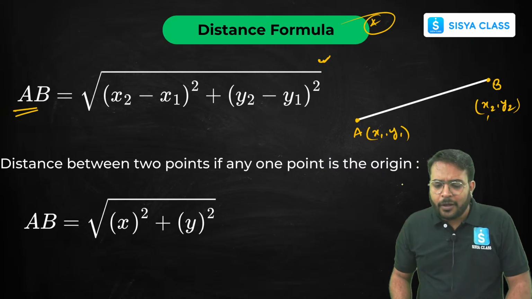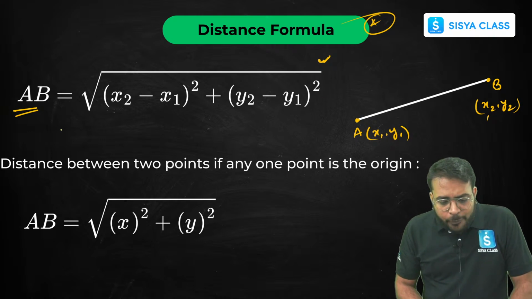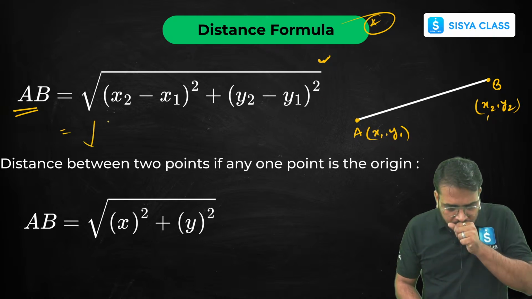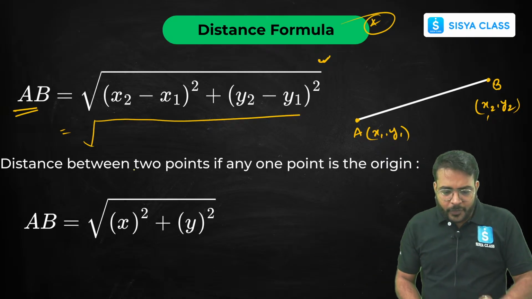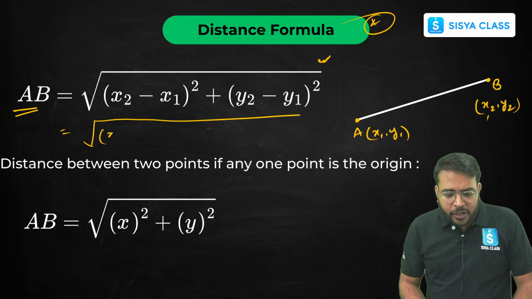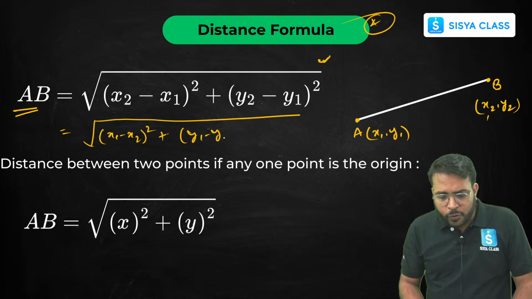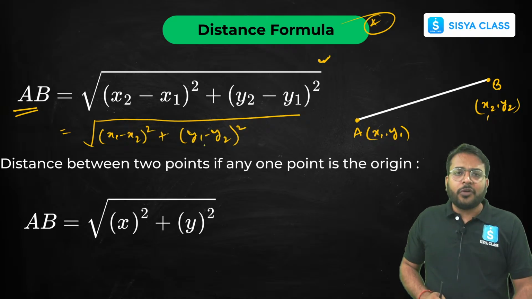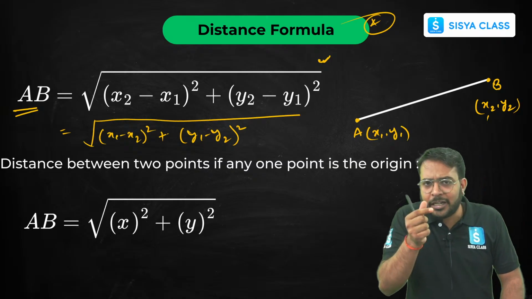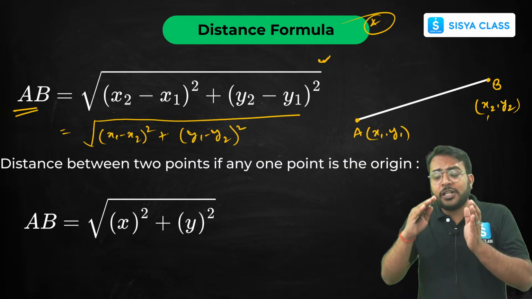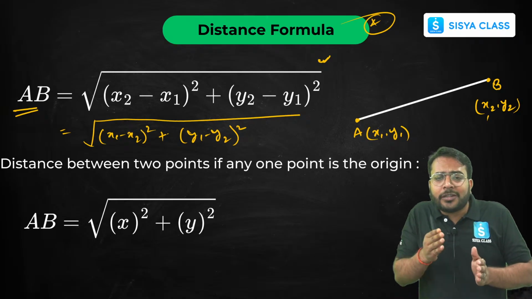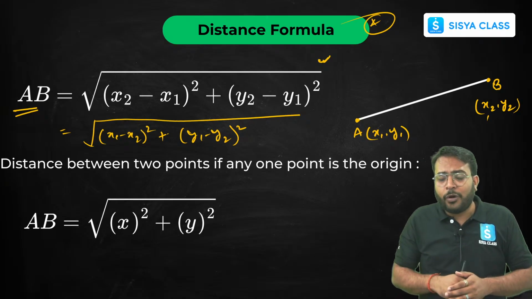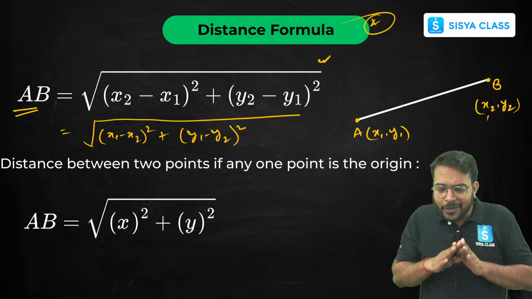Understood my point, beta? See, if you want to take (x1 minus x2) whole square plus (y1 minus y2) whole square, this will also work. Why? Because whenever you get a negative number and take its square, it is again going to be positive. So whether you take (x2 minus x1) whole square plus (y2 minus y1) whole square, it is not going to matter.